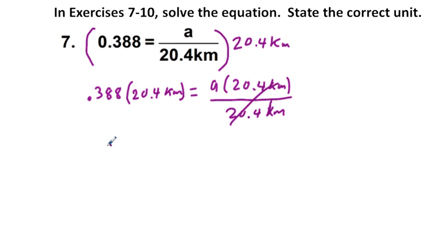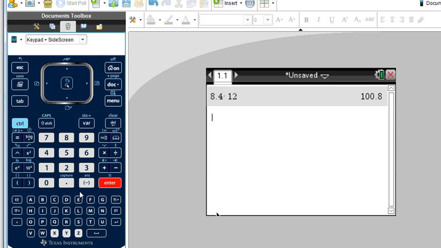So our answer is going to be A is equal to 0.388 times 20.4 kilometers. And I'll just put K in there. So A is going to be equal to, go to calculator, 0.388 times 20.4.